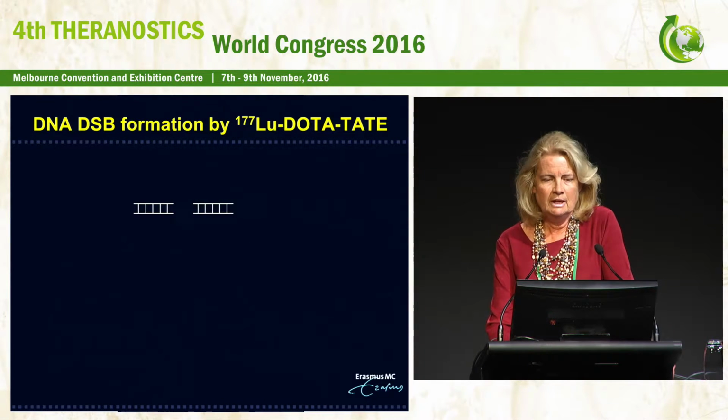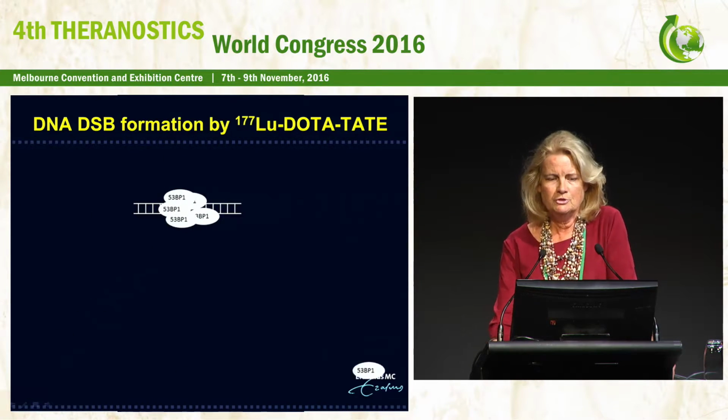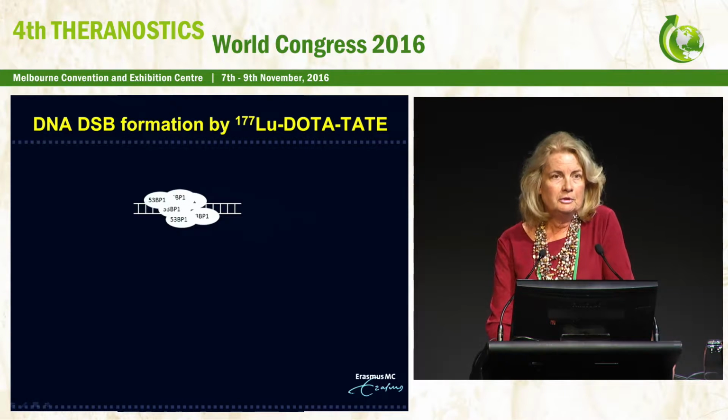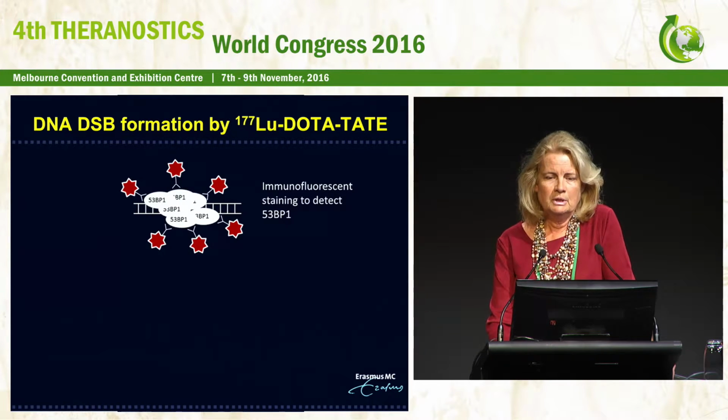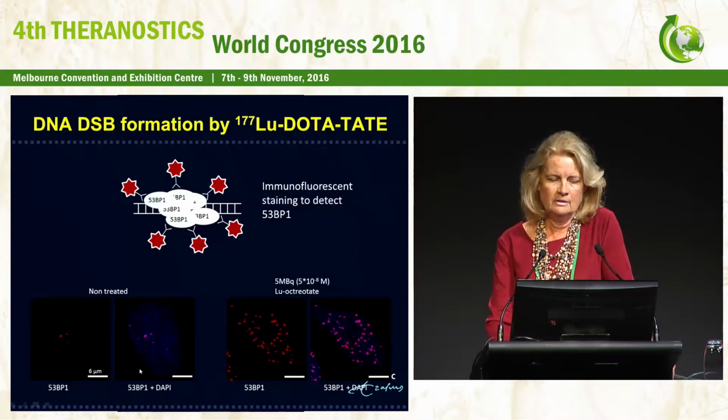So here's the irradiation, and here is your double-stranded break. And this will attract all kinds of repair proteins, like the 53BP1, to the break in the DNA, and these can be nicely stained using immunofluorescent techniques to detect these 53BP1 proteins. And we can visualize this, and we see these foci in the cells.